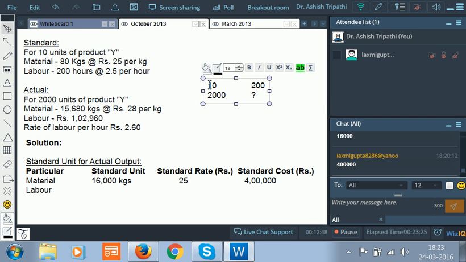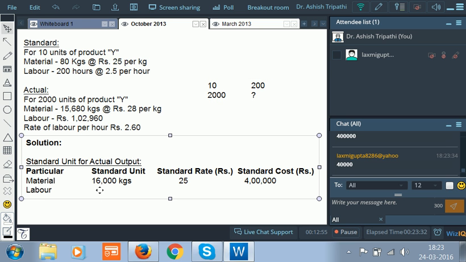How much are you getting, Lakshmi? Yes, 40,000 hours. So let us write here 40,000 hours, and the standard rate for labor is 2.5 per hour.